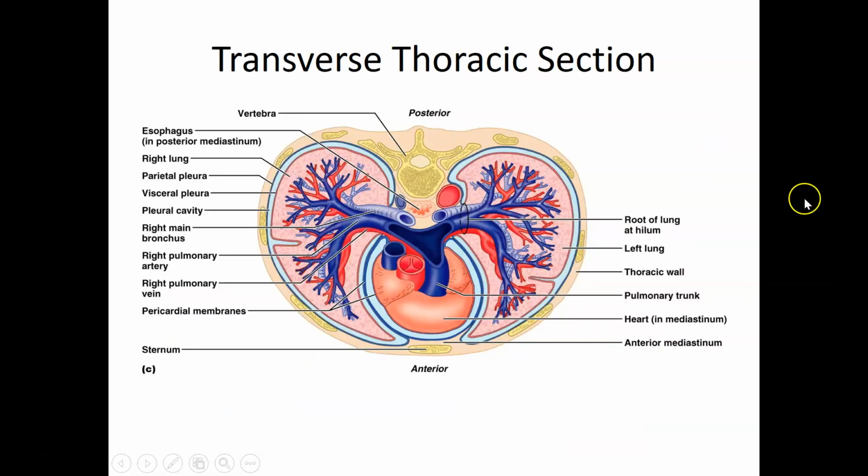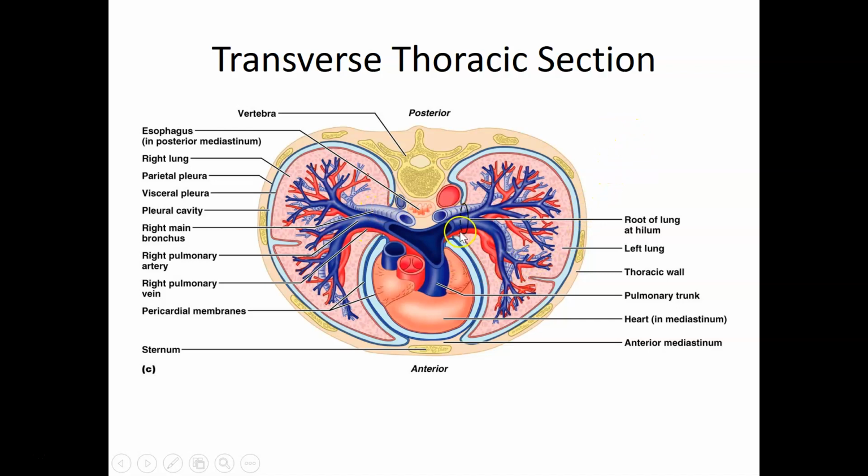This slide is looking at a cross-section through the thoracic cavity at the level just superior to the heart. This allows us to see some of the tubes, vessels, and air tubes that are gathered together and enter the lung at a common position.